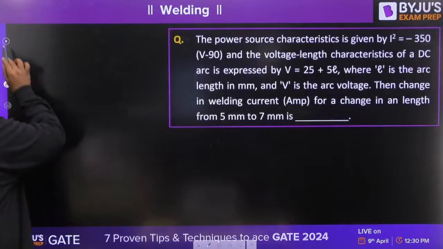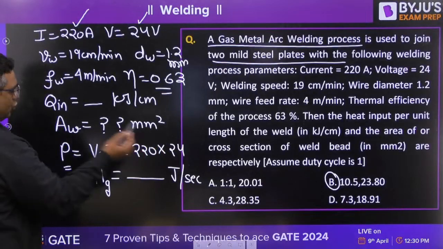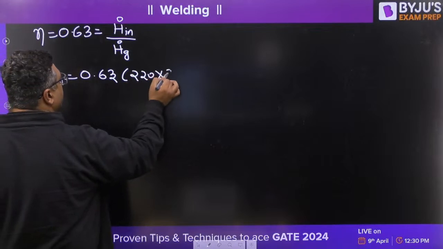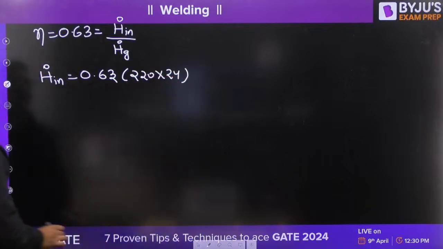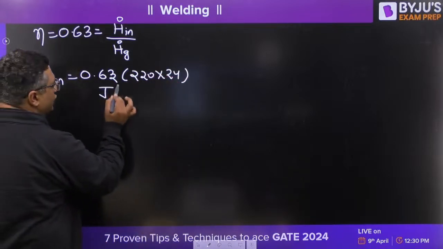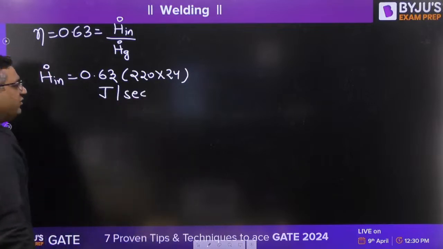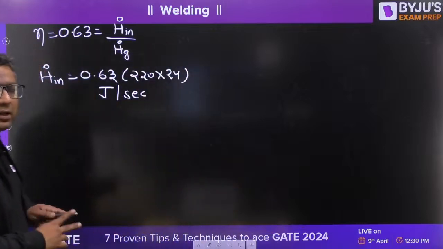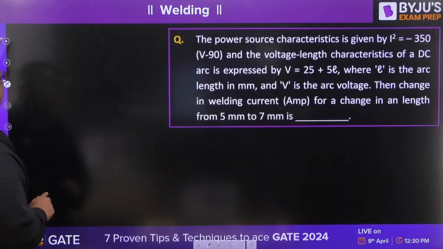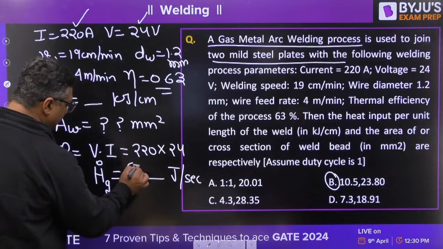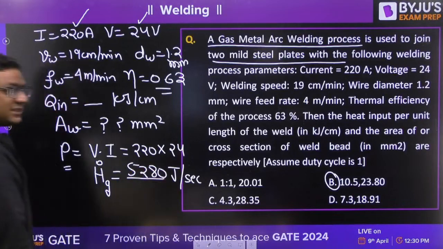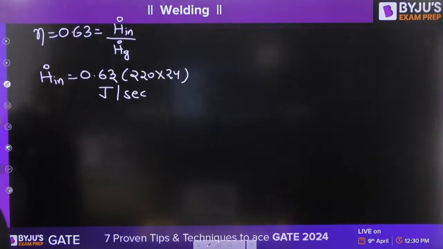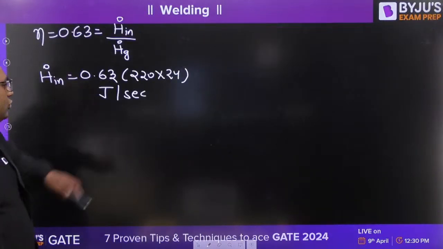what is that? This is 220 into 24. This has units of joule per second, but we want the units in kilojoule per centimeter. Very good. So this is 5280. When this is 5280, you have the heat generation rate, and this is heat input in joule per second.